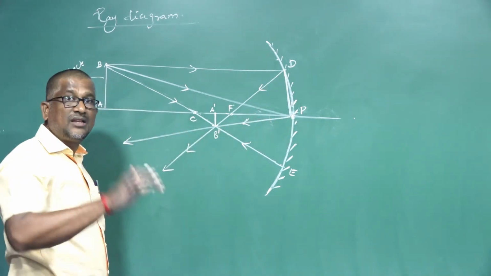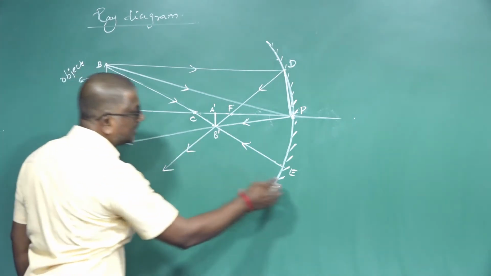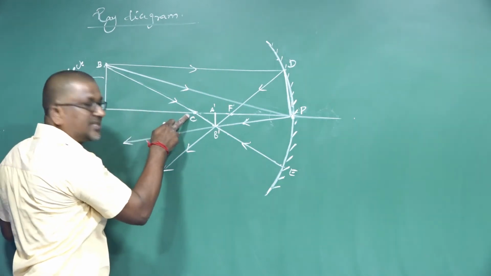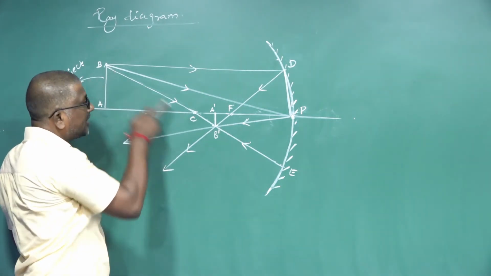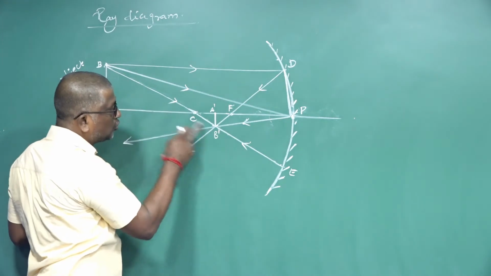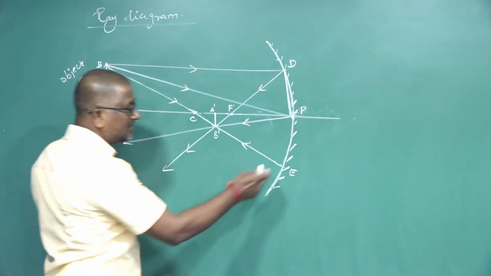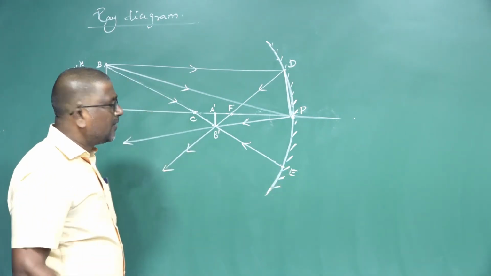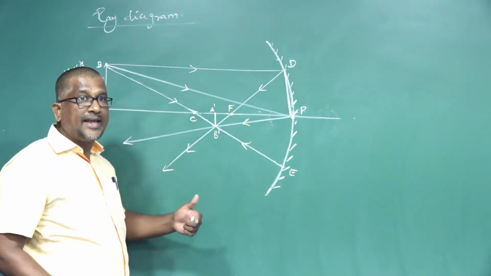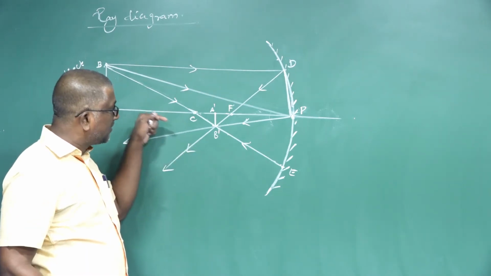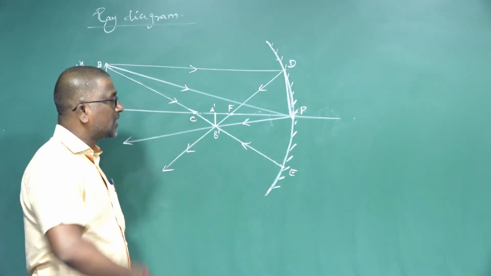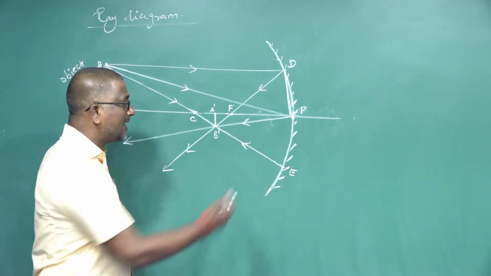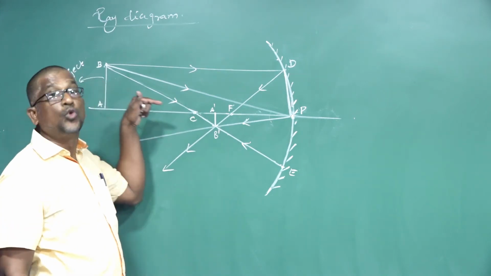The third paraxial ray is BE, which travels through the center of curvature and strikes the concave mirror at point E. We know the rule: if any ray travels towards or through the center of curvature of a spherical mirror and strikes the mirror, after reflection it retraces its original path.